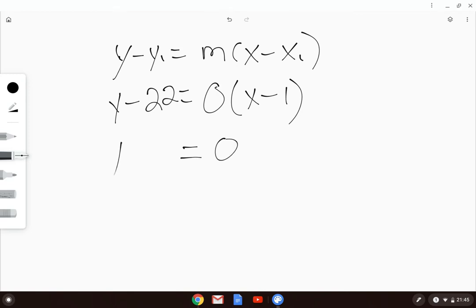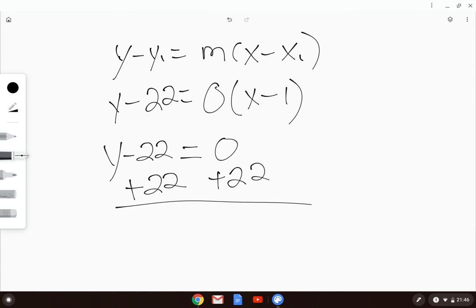So I have here y minus 22 equals 0, but I need to isolate the variable y by itself. So I'm going to add 22 to both sides, and I get y equals 22. That means the equation of my tangent line is y equals 22.